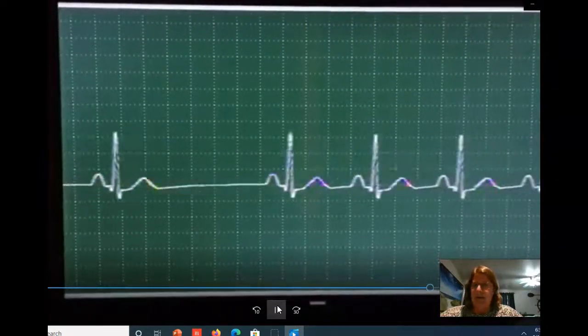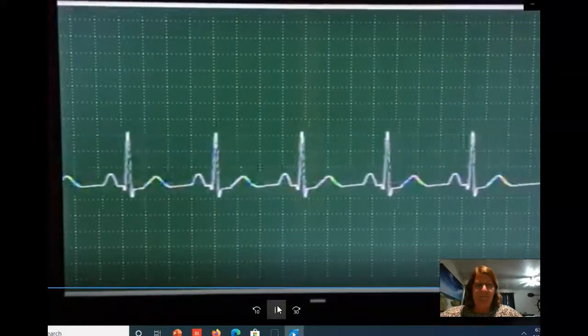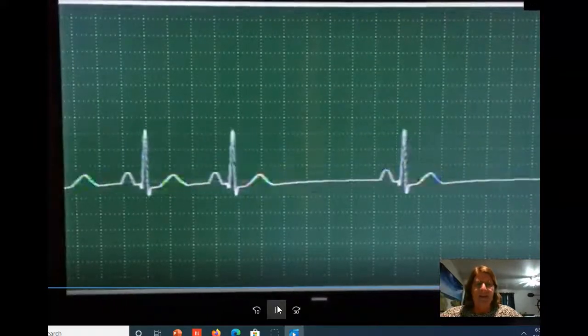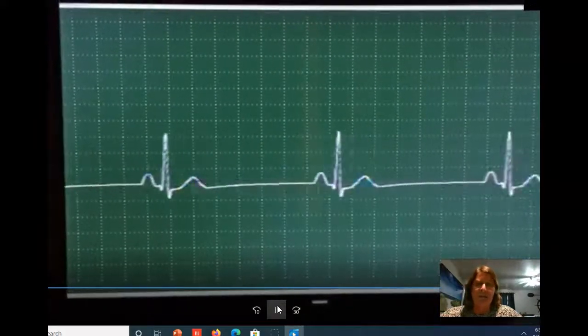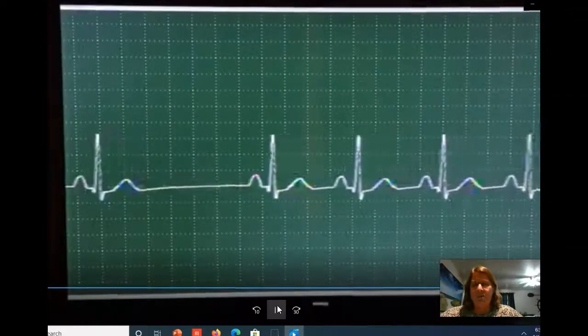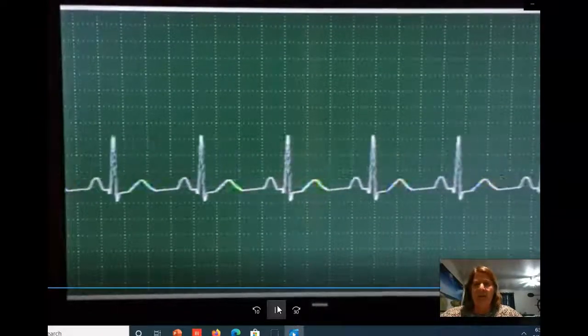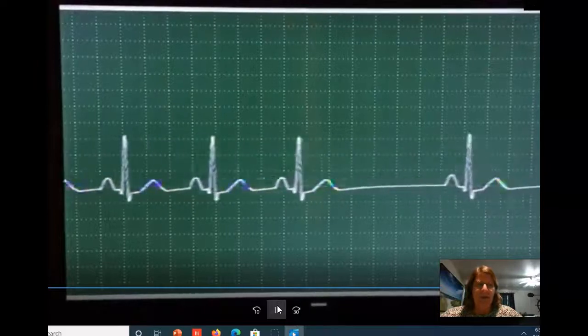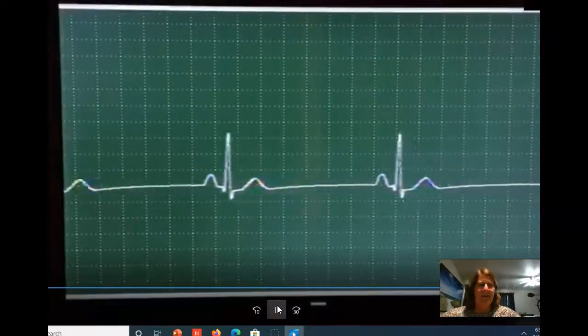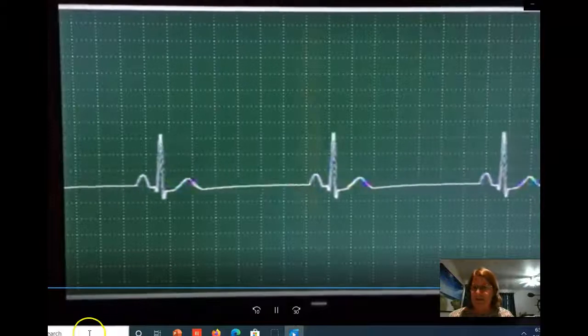Looks like it's speeding back up. Looks like it's slowing down again. Again, a sinus arrhythmia. Very normal with children or with patients that have irregular breathing patterns. So that is going to conclude looking at our rhythm strips for sinus rhythms.